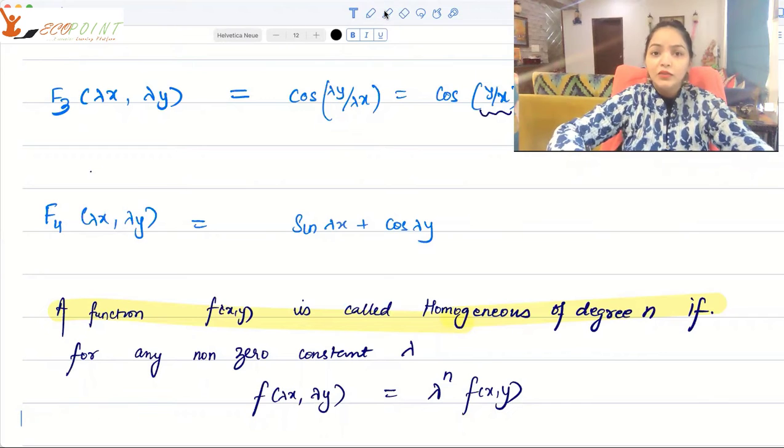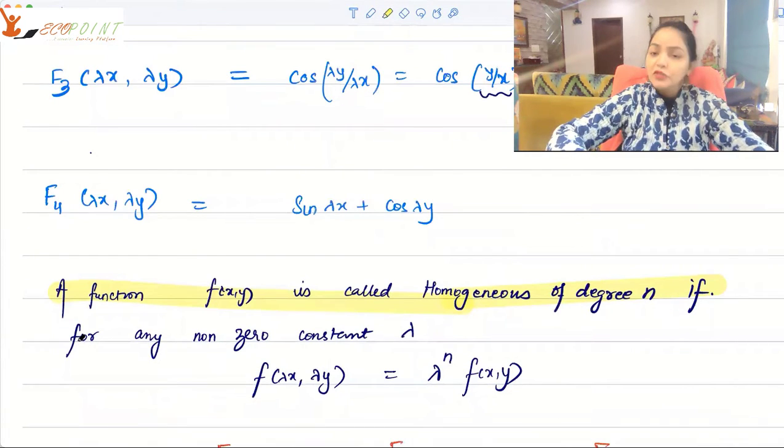Or in other words, formally, a function is called homogeneous of degree n if for any non-zero constant lambda, f of lambda x, lambda y is equal to lambda to the power n times f of x, y. This is what a homogeneous function of degree n is.